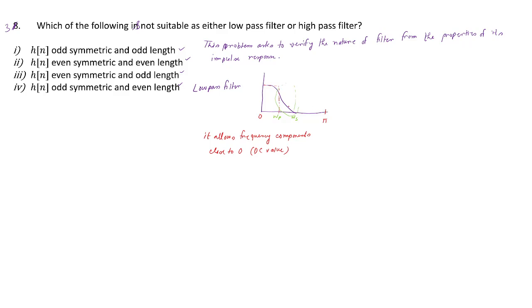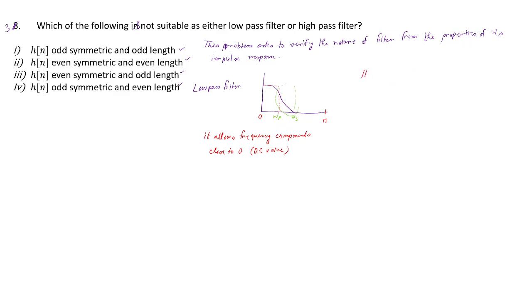This is the passband edge, which represents up to what frequency your filter is willing to pass. For practical purposes it ends pretty early compared to pi. So that is the nature of a low pass filter.